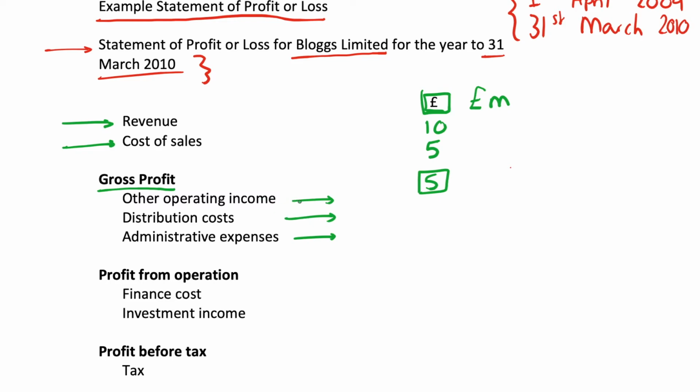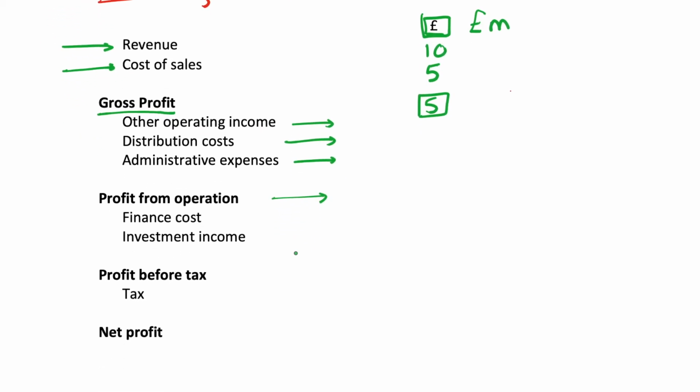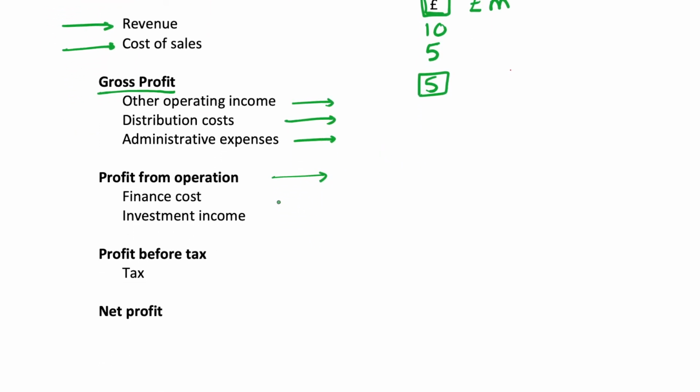These are the sorts of expenses that we have to consider, and then from this we can calculate a profit from operations. After that we can subtract some other costs, which will be our financing costs, and we can add some investment income into the mix, and again we'll get a total for this. Once we subtract and add these costs or these income and expenses, we can get a profit before tax, and we get a new total here.